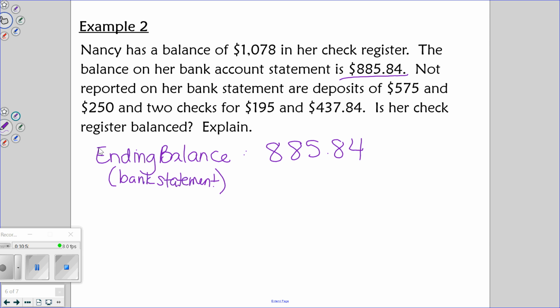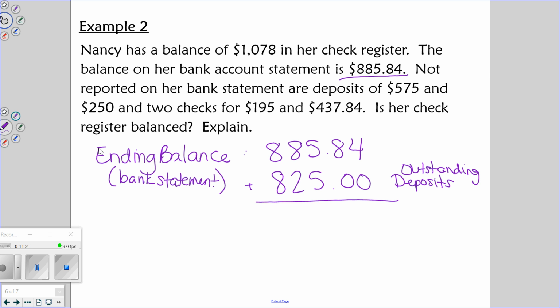And we want to add back in the deposits. So how much of deposits did we have? We had $575 and $250. So $825. These were deposits that were still outstanding. So we'll add those back in.